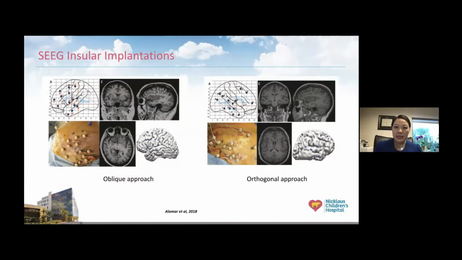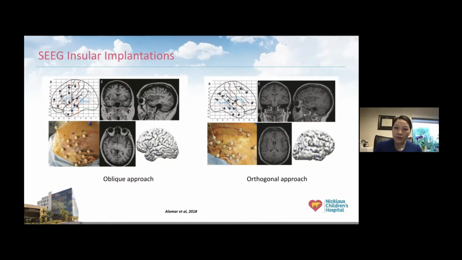So this is 198 consecutive SEEG implantations with more than 1,500 electrodes implanted over a 4-year span at the Cleveland Clinic. And really the authors, Omar et al., identified patients with suspected insular involvement based on seizure semiology, scalp EEG data, and preoperative planning.